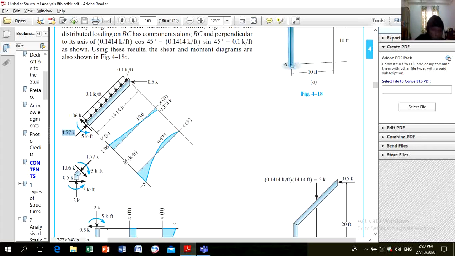So this is 1.06. Then for the moment, you can have here summation moment at this point.